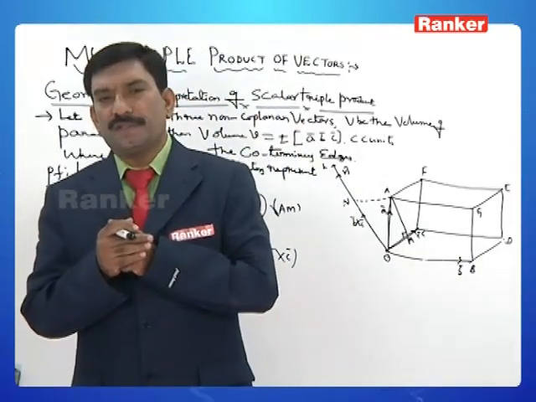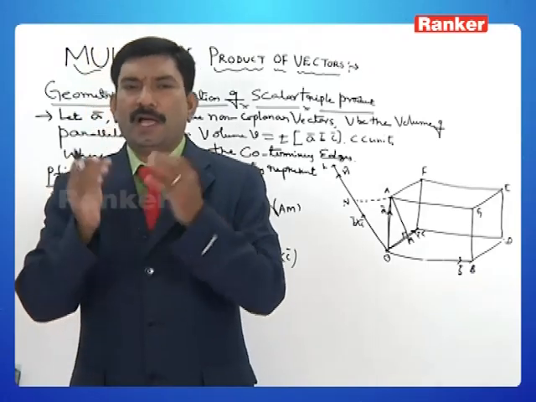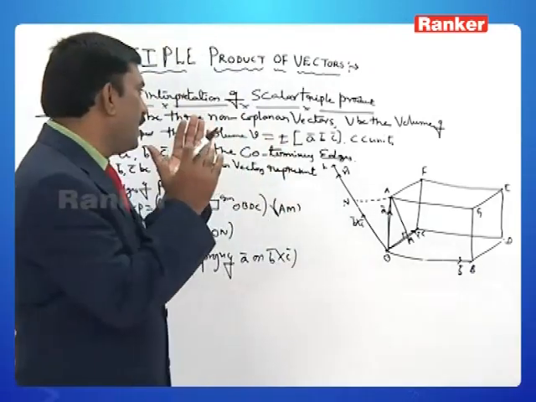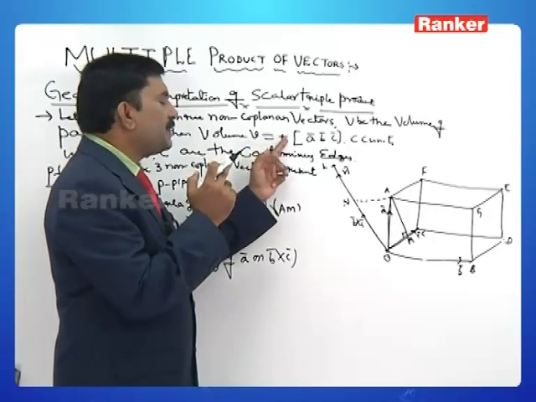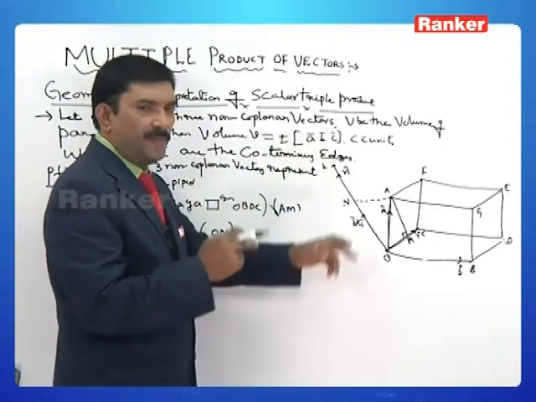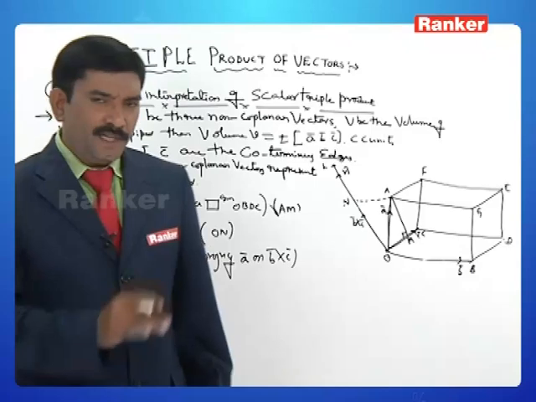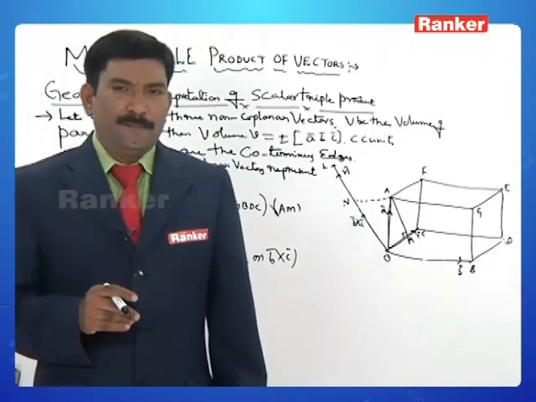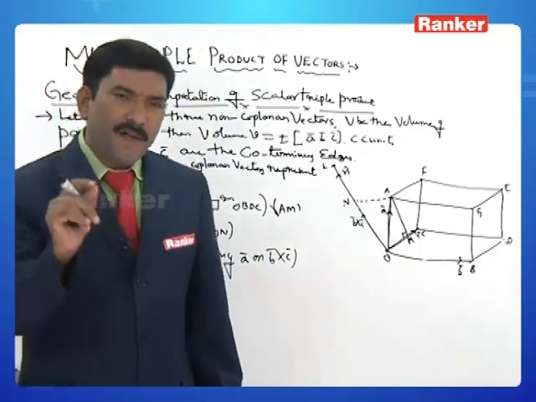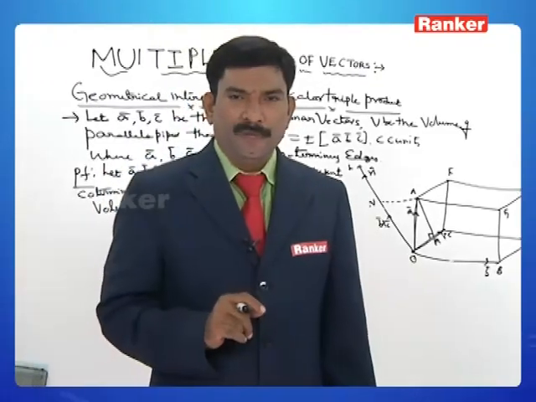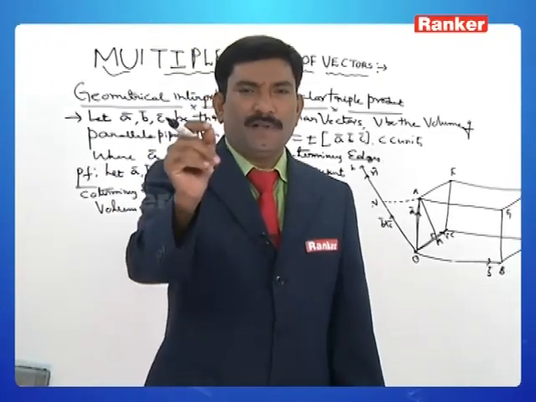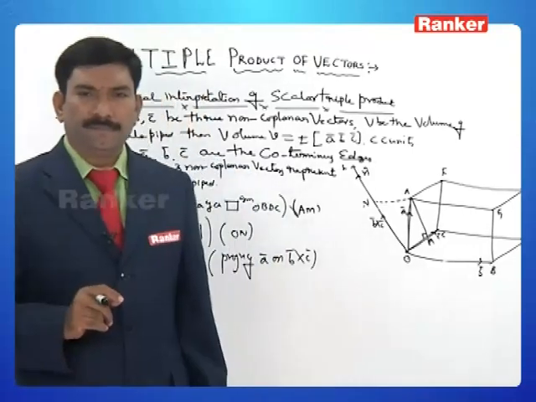What are the two cases? As we have known earlier, V is equal to plus or minus box of ABC. That explains. Plus says they are in a right-handed system. Minus says they are in a left-handed system.